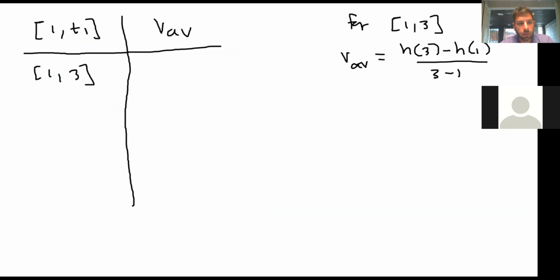If I plug in 3 and plug in 1, just to do the first one, this is 131 minus 79 over 2, which is 52 over 2. And what's 52 over 2? That's 26.